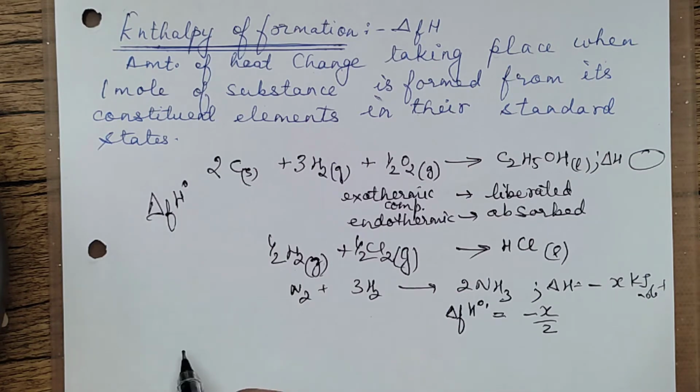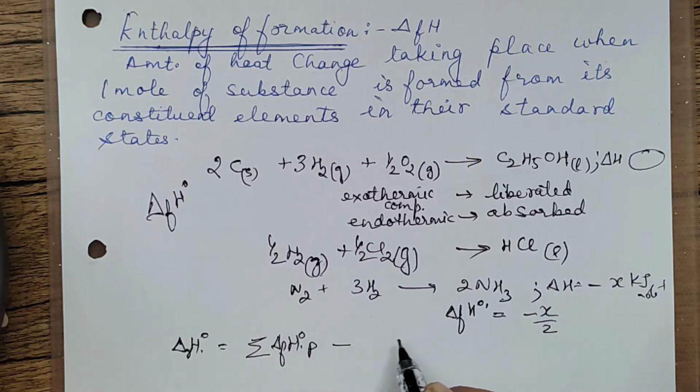You will have the formula: the standard enthalpy of the reaction will be equal to the sum of the enthalpies of the formation of the products minus the sum of the enthalpies of the formation of the reactants. That will be called the enthalpy of the reaction.